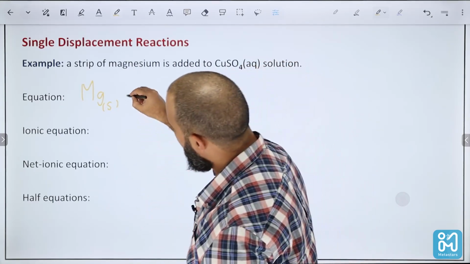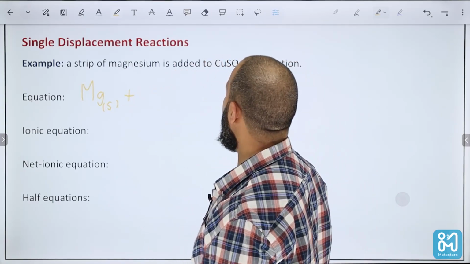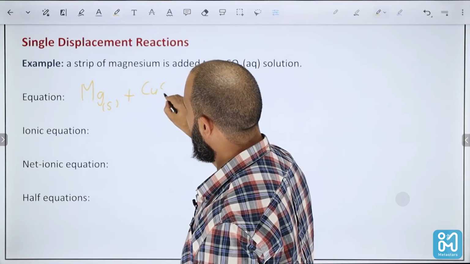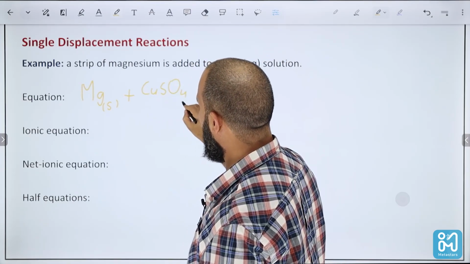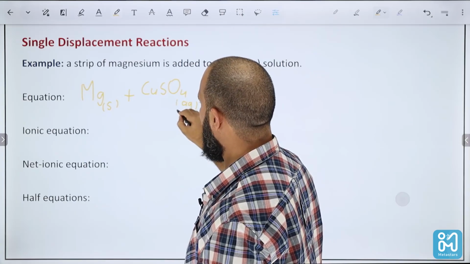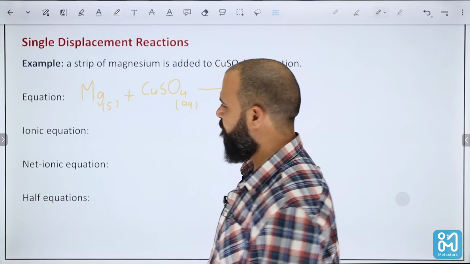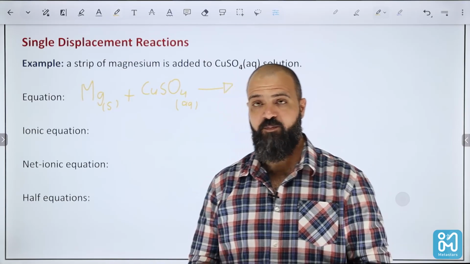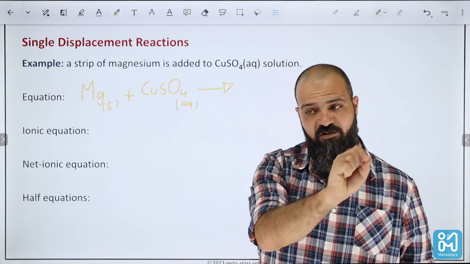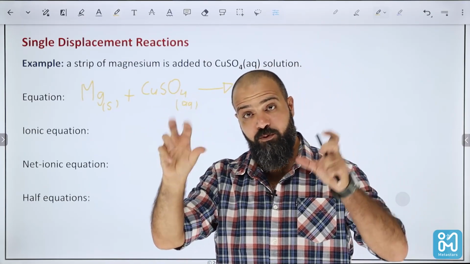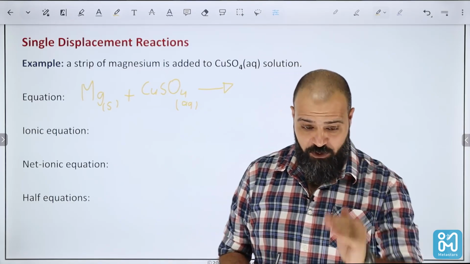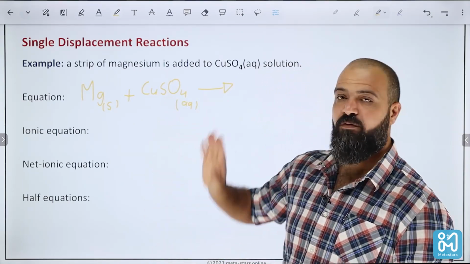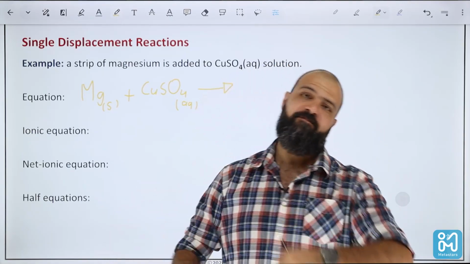Is added to copper sulfate solution, CuSO4, aqueous solution. Single displacement reaction. Magnesium is an alkaline earth metal, a group 2 metal, which means it is more reactive than copper, a transition metal.